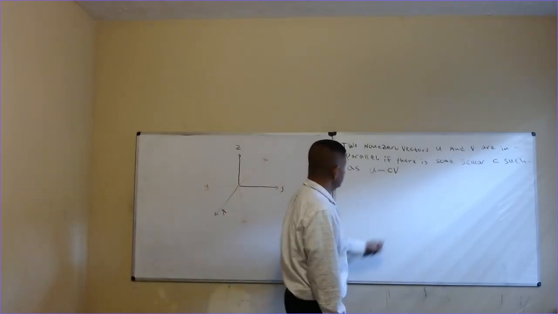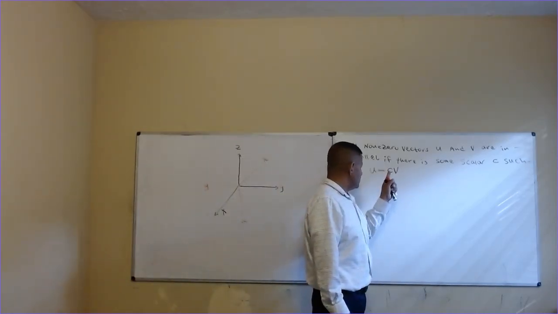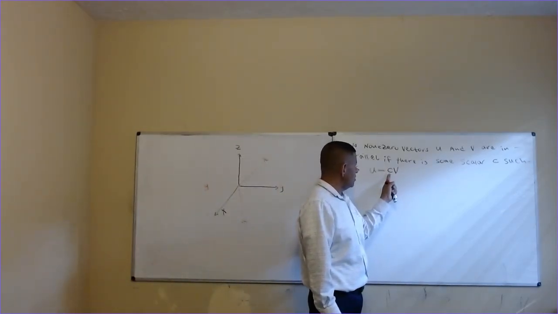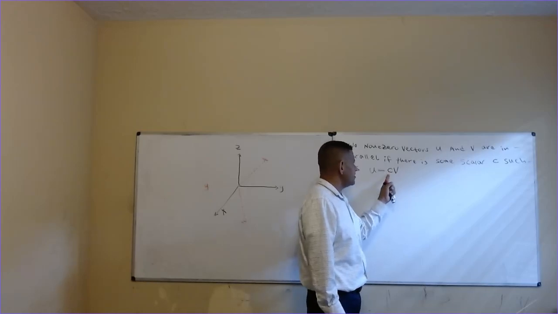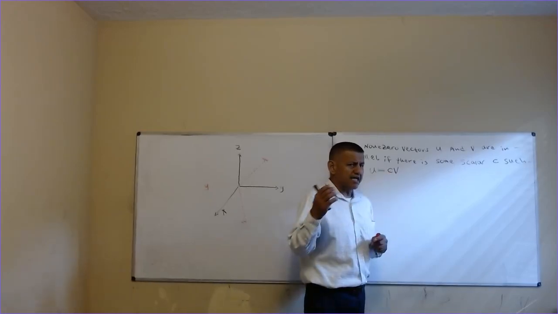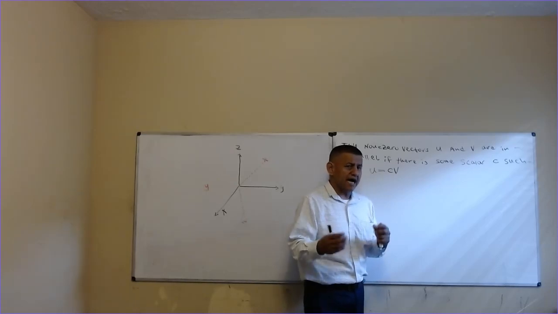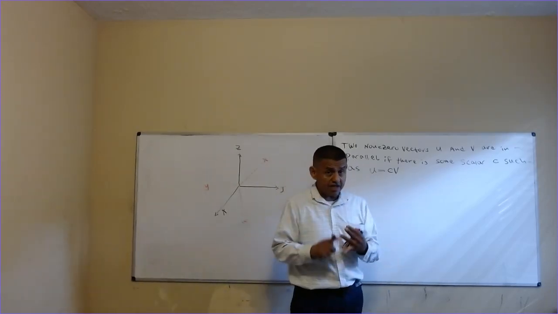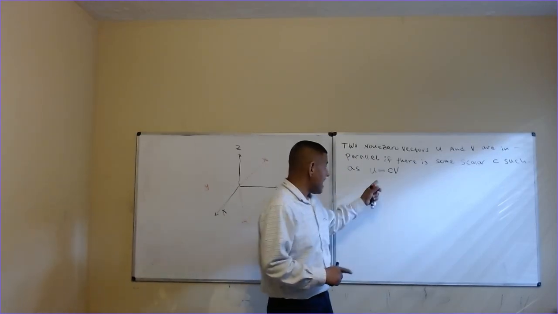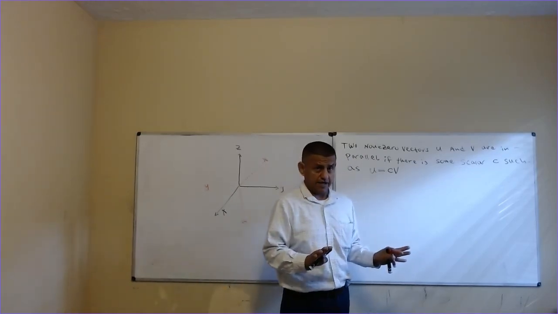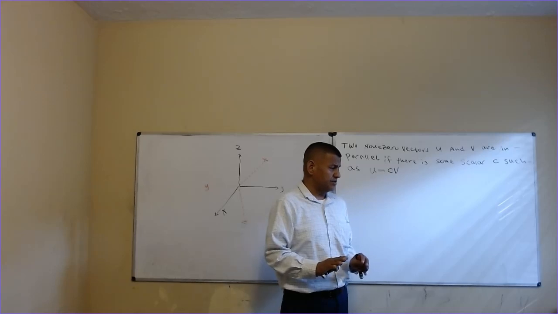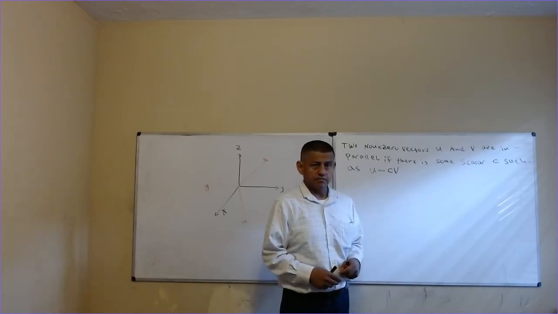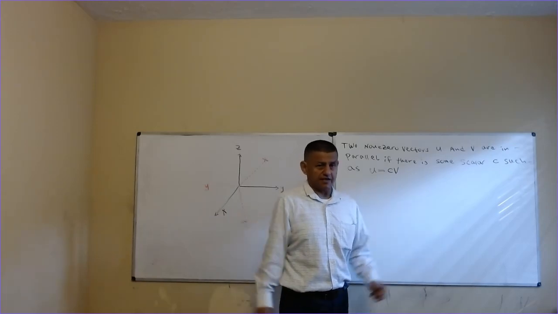Why? Because of the scalar c. I should specify what a scalar is. A scalar is just a number, a quantity. A vector has a magnitude and a direction. A scalar is just a quantity, for example speed. Speed is a scalar.